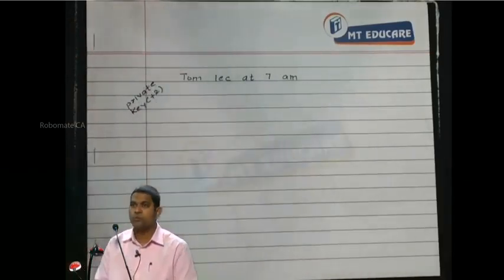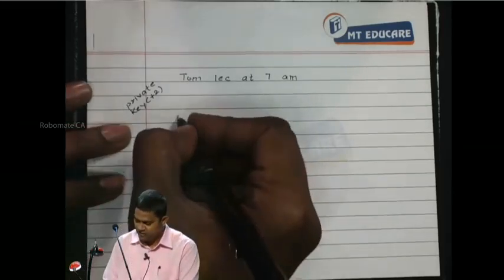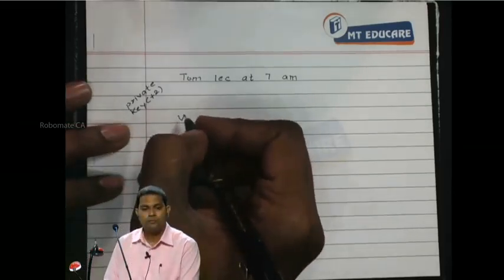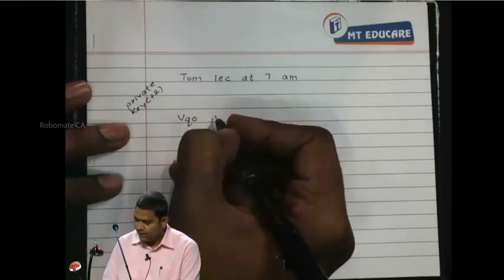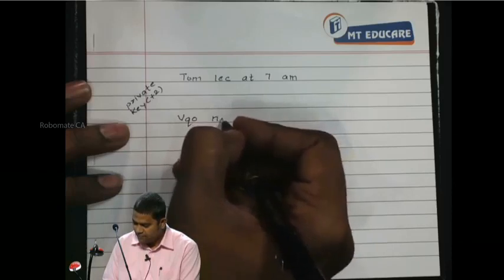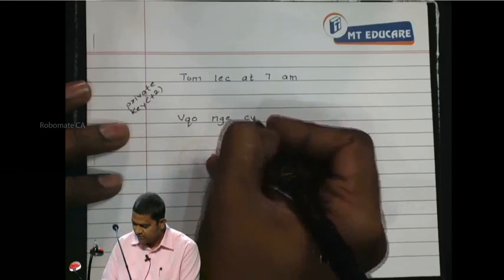Now how to add +2 to this data? It means T plus 2 is V, O is Q, M is O, L is N, E is G, C is E, A is C.